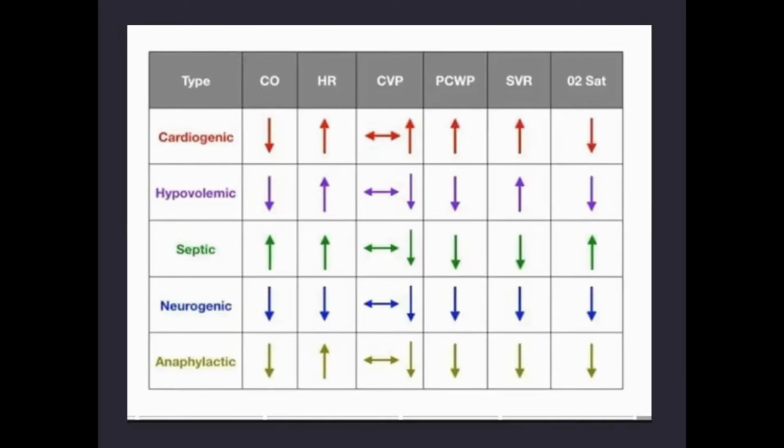Central venous pressure is either unchanged or down, and the reason is the volume is down. And the pulmonary capillary wedge pressure would also be down because there is less fluid present in the pulmonary capillaries.